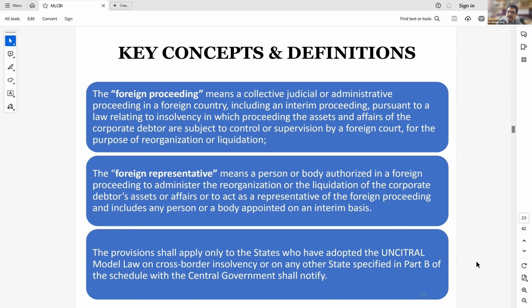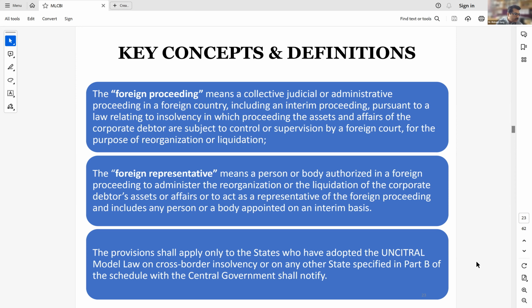It's basically that there is a default. If a debtor commits a default in paying a creditor, then the affected party can file an insolvency application. So there are three types of insolvency applications, sections 7, 9, and 10, which can be filed on the event of default. However, in most countries, this is not the scenario.